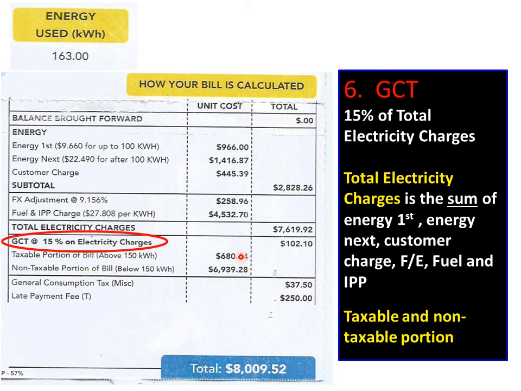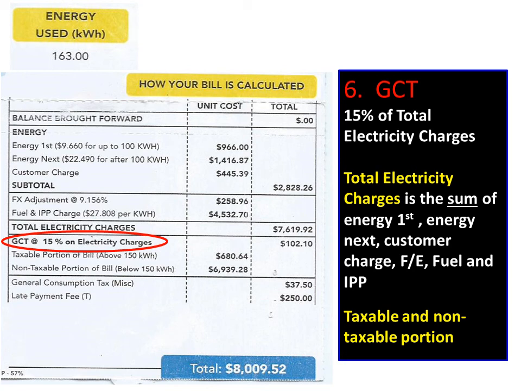So the only amount that will be taxed, the only amount that we will be finding 15% of is the $680.64. Now, for my students who are watching this video, don't worry. In any JPS bill calculation question, I will just give you what the GCT is. But for the purpose of this video, I am just going through letting you understand what it is all about and how it is calculated, all right?